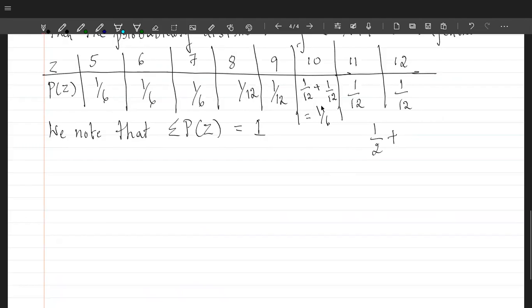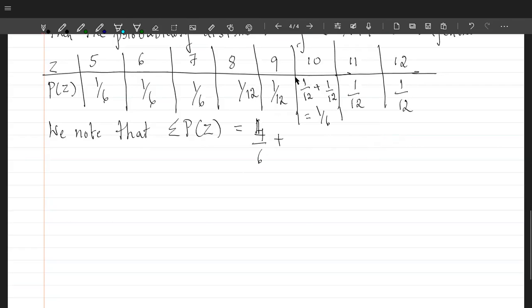Actually, you can add this value also. So you get summation P of Z here will be 1 by 6 plus 1 by 6 plus 1 by 6. Again, you have 1 by 6. So you have 4 copies of 1 by 6. So you get 4 by 6. Plus you get 1 by 12 plus 1 by 12. I'm so sorry, this must be 1 by 12 here.